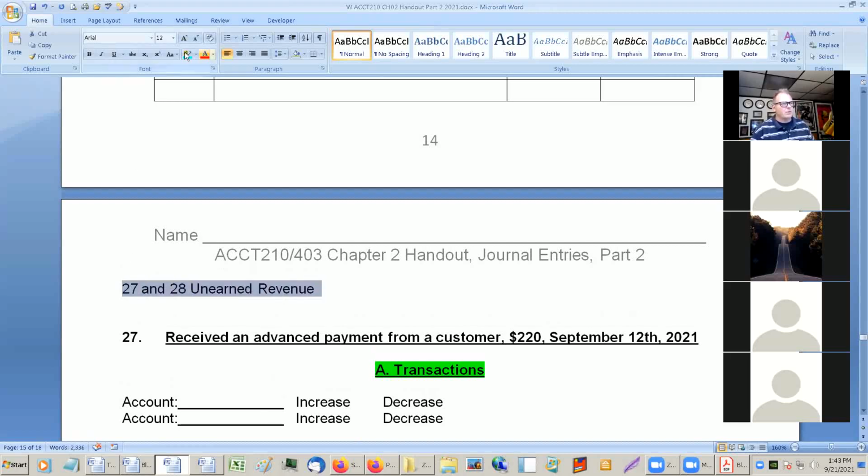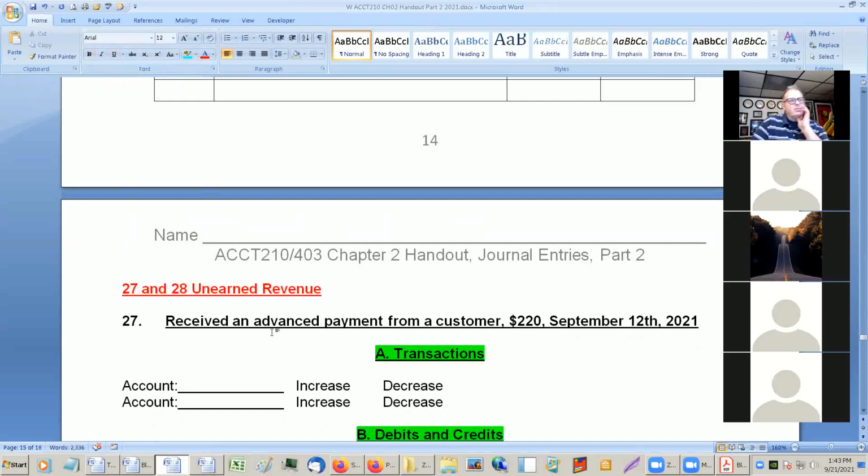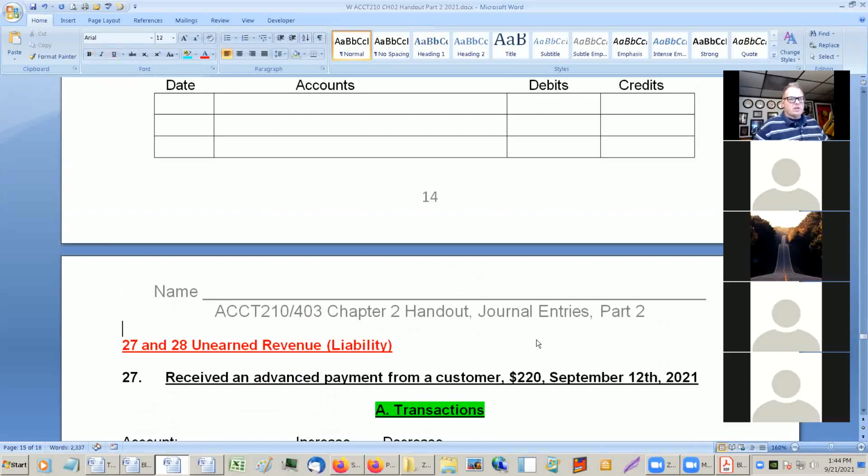I'm gonna look at the right answers and all that. Those are a little bit more advanced, but it's basically a customer paying you in advance. So unearned revenue is a liability, which we haven't done anything with yet.